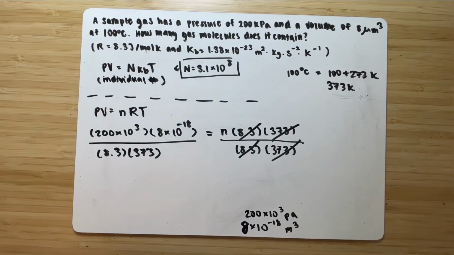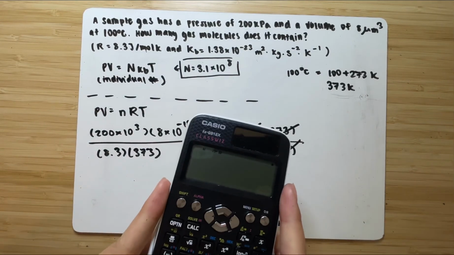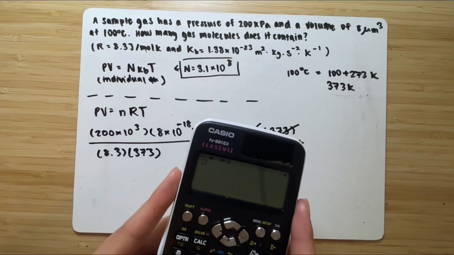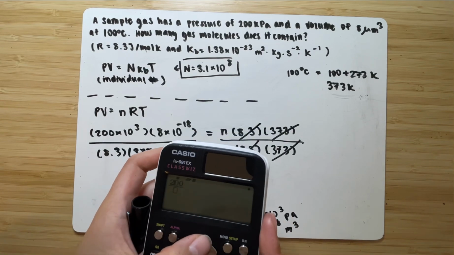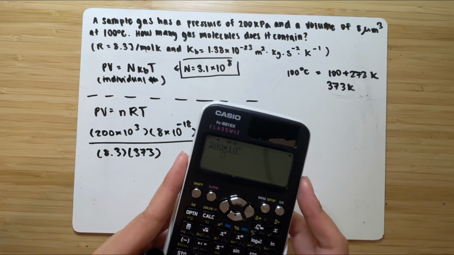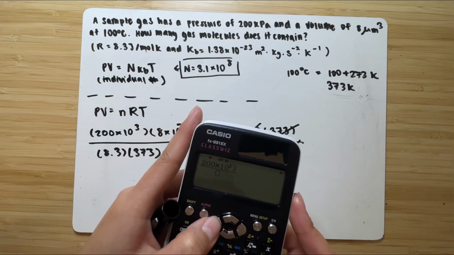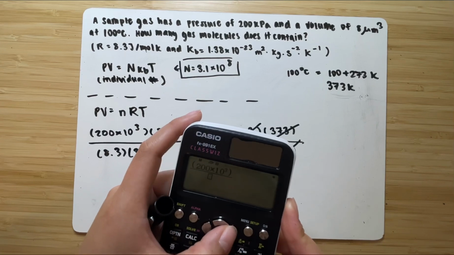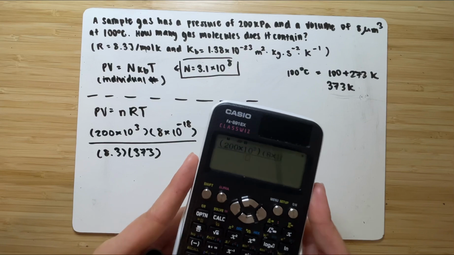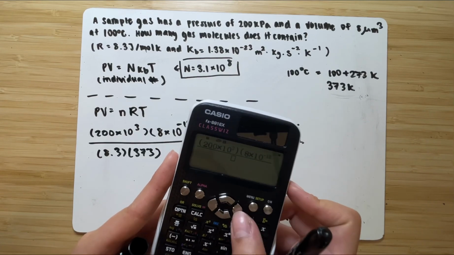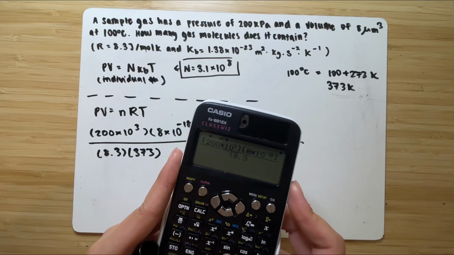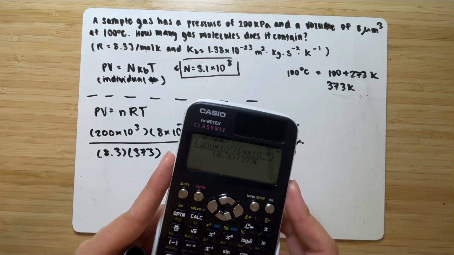So this cancels out, and then you're left with 200 times 10 to the third power multiplied by 8 times 10 to the negative 18 power, all over 8.3 times 373.